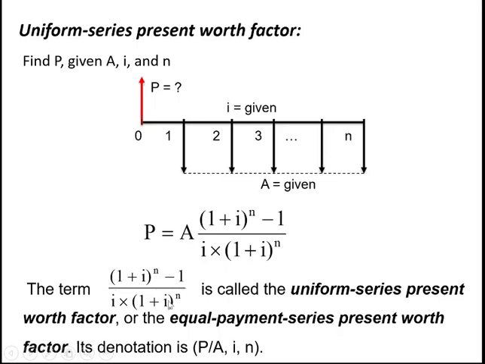This factor is called the uniform series present worth factor, or the equal payment series present worth factor. Its denotation is P/A, that means find P given A, i and n.